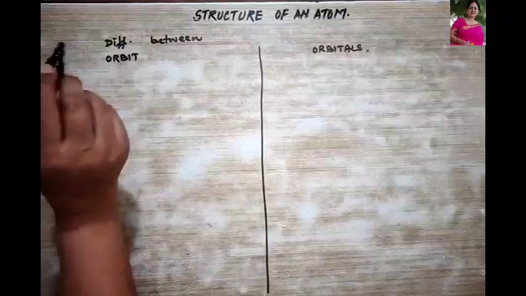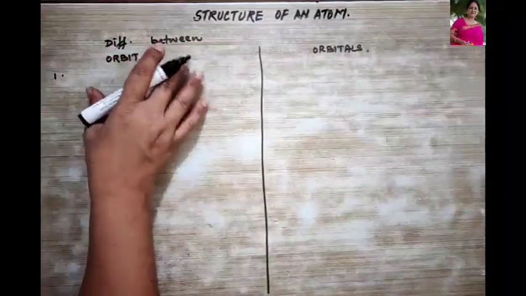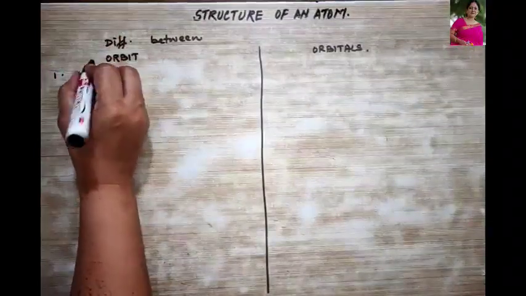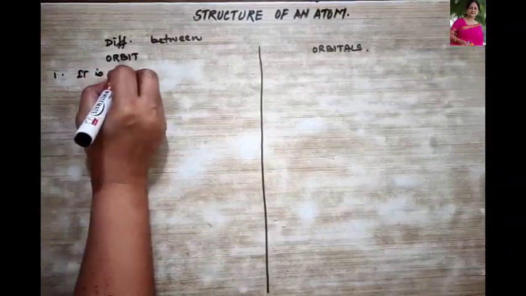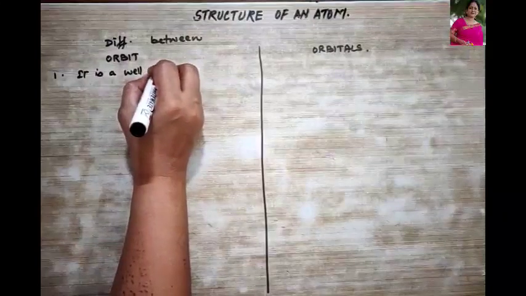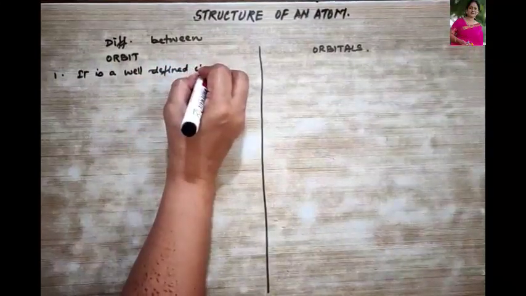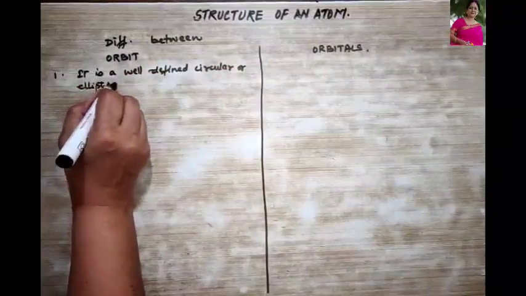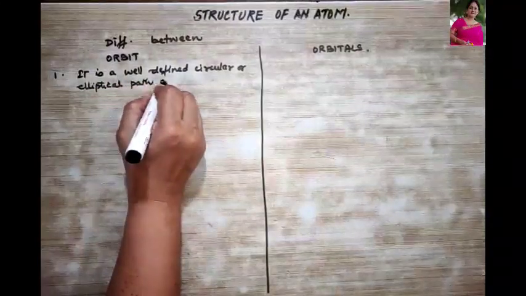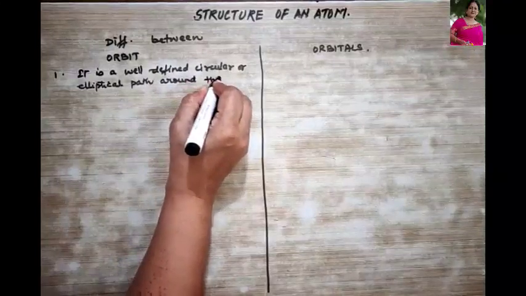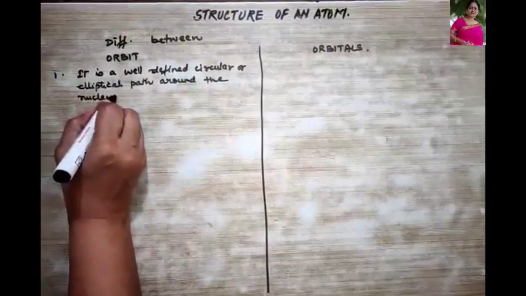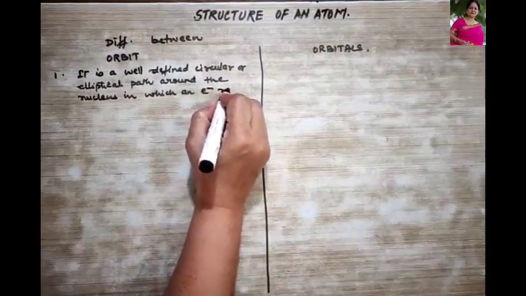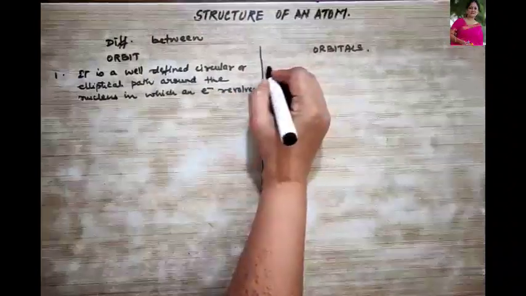Okay, so what is an orbit? It is a well-defined circular or elliptical path around the nucleus in which an electron revolves. This is what you have been studying since class 7. Whereas what is an orbital?